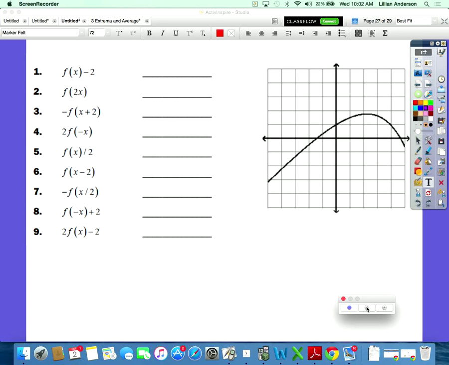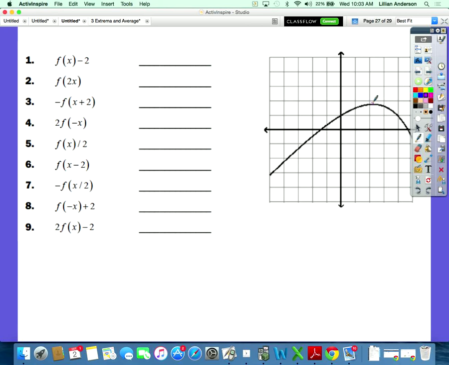All right? So that f of x minus 2 means what? You drop it down 2. And a lot of times, if you just select one point and use that point as a reference, it makes it a little bit easier. So, like using maybe that maximum point, you can even slide it over to make it a little easier for you.